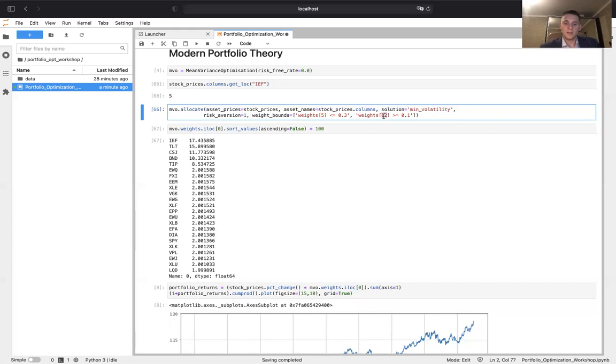Let's say that the minimum weight for this stock should be 0.05, which is 5%, and the maximum weight should be, let's say, 10%. So we would like to find the minimum volatility, mean variance optimization solution, such that the IEF stock weight is more than 5% and less than or equal to 10%.